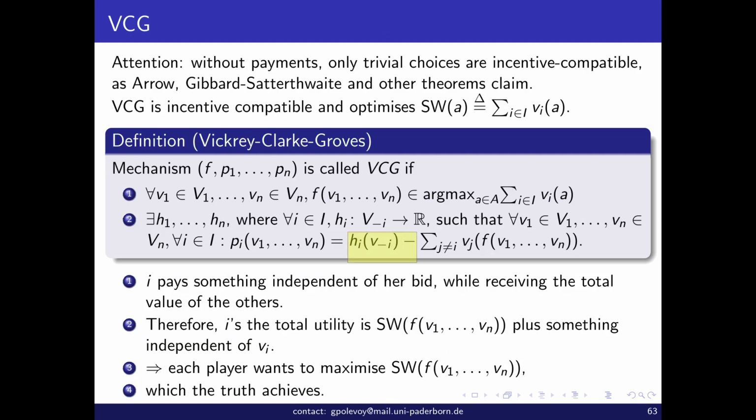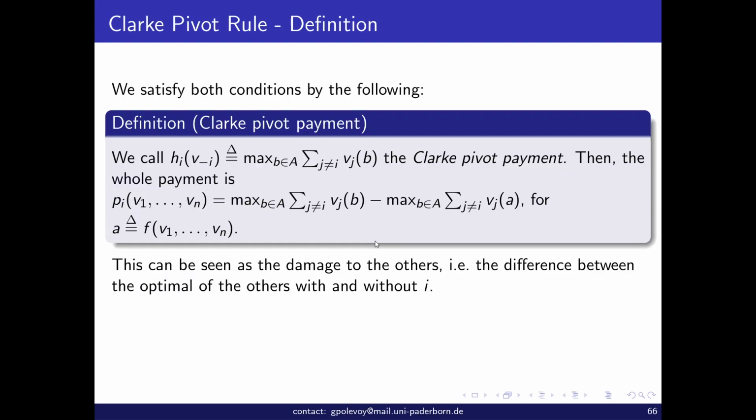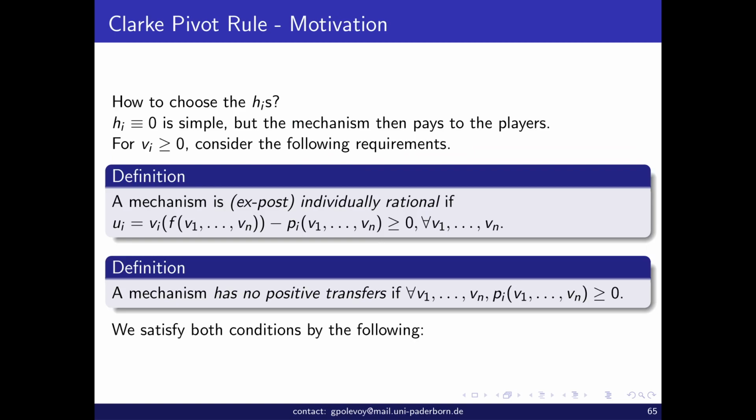If that H I was 0, the payments would basically be positive for the players. If the values are negative, and you can talk about cases where you don't like what you have, you incur a cost for the option which is chosen, then it's fine if the mechanism pays you for the costs you incur. But if the values are positive, you don't want the mechanism to pay you, and therefore you don't want to make it the 0 function.